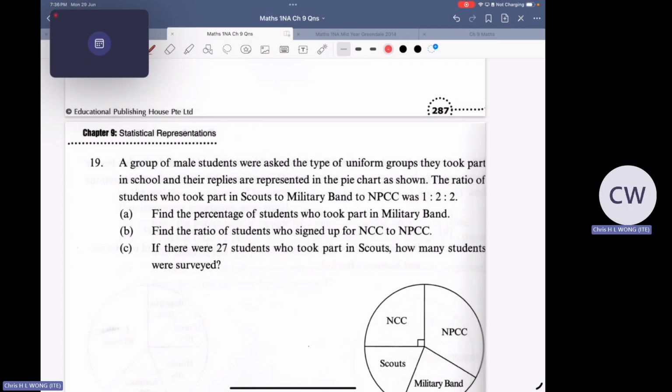Okay, chapter 9 answer forward. Chapter 9 question forward. So now chapter 9 question now.